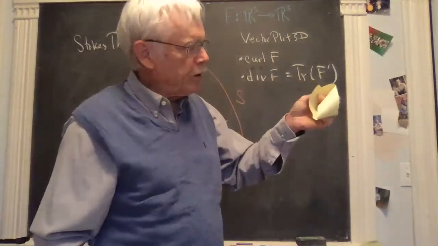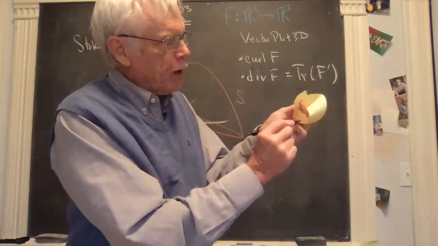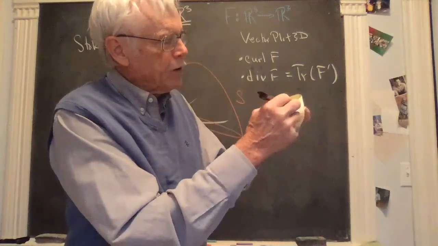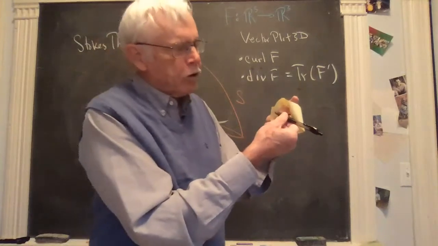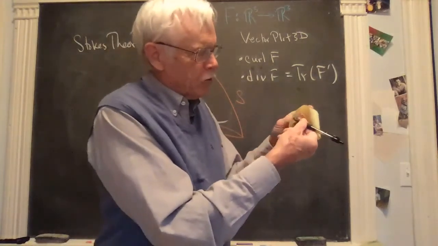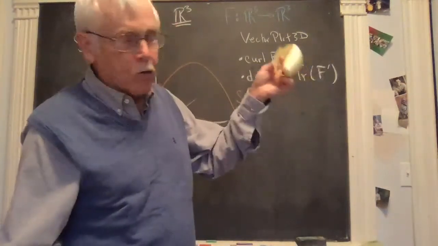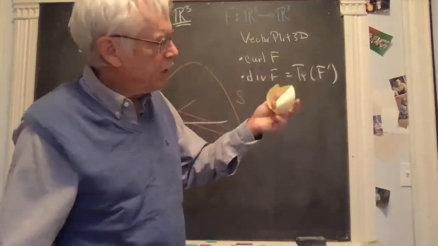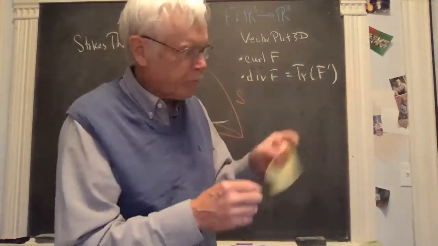If you put a twist in it and you try to define an outer normal, then if you follow this around, when you get to the other side, that supposedly uniquely defined outer normal now points in the opposite direction. So this is called a non-orientable surface, a non-orientable two-dimensional manifold.